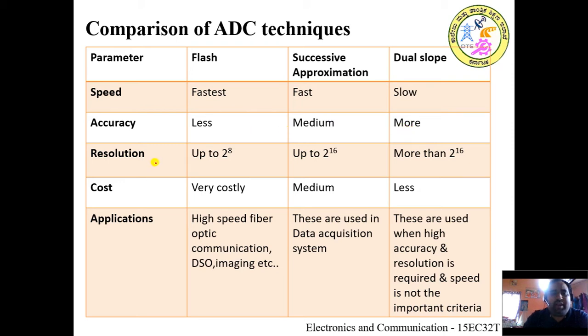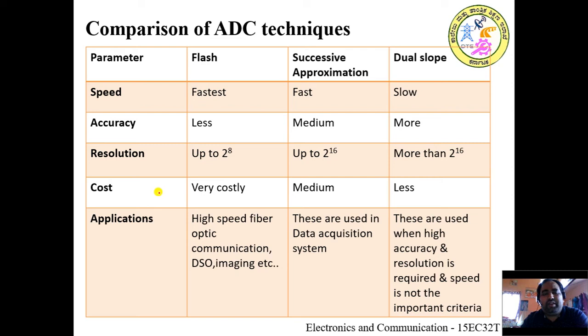And the next parameter is resolution. The resolution in case of flash type of ADC is up to 2 to the power of 8, whereas in case of successive approximation type it is up to 2 to the power of 16, and in case of dual slope type of ADC it is more than 2 to the power of 16. The resolution is very high in case of dual slope type of ADC.